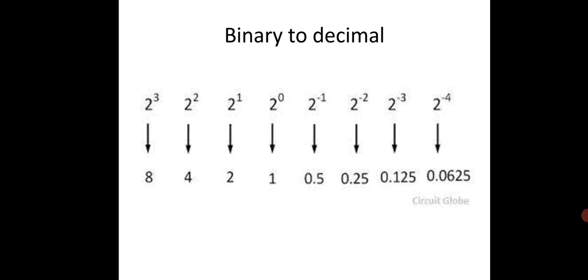So 2 raised to minus 1 till 2 raised to minus 4 and so on, these are your fractional values. These are the fractional numbers. And before that, from 2 raised to 0 to 2 raised to 3 and so on, these are your integer values.